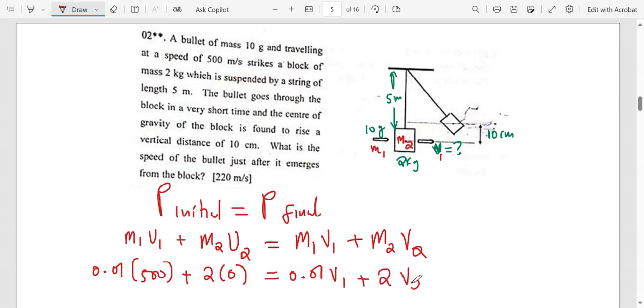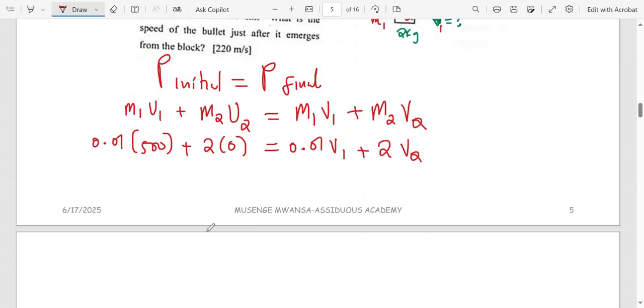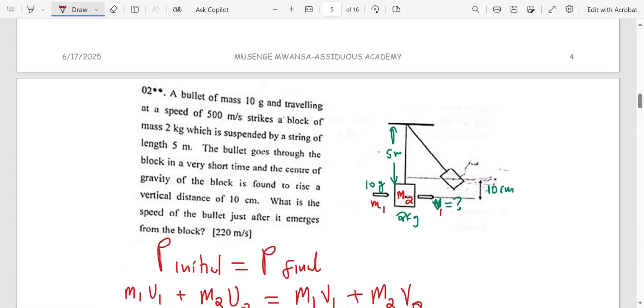Okay, so this is going to give us 0.01 times 500, that is going to be 5, is equal to 0.01 v1 plus 2 v2. So v2 is the speed at which the block is going to be moving.